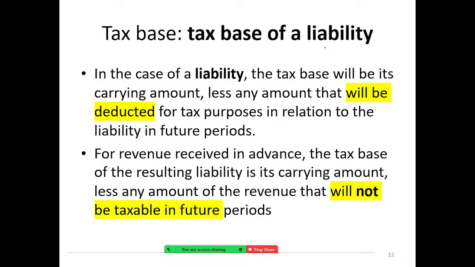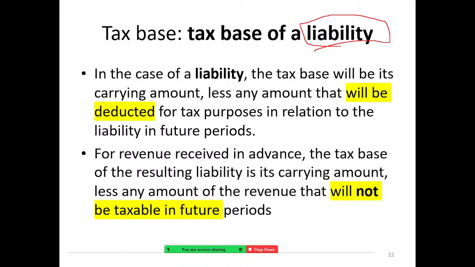Right. Now we discuss the liability. Tax base of a liability. In case of a liability, the tax base will be its carrying amount minus any amount that will be deducted for tax purposes in relation to the liability in a future period.